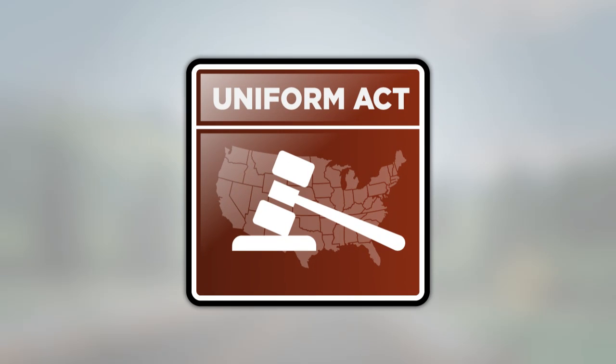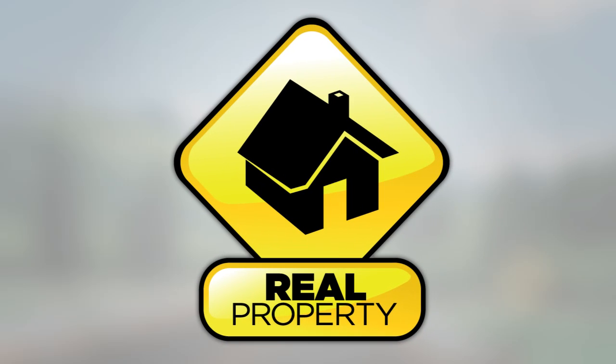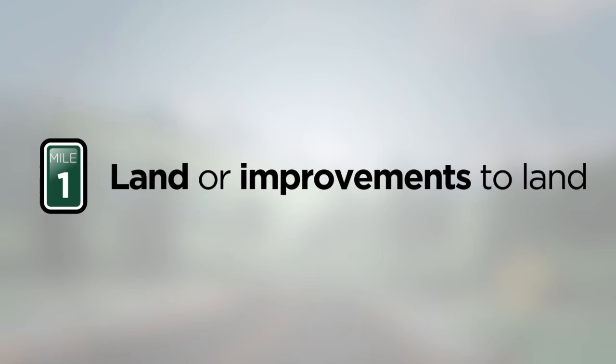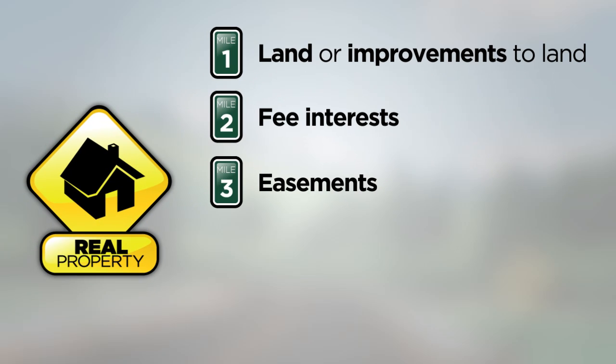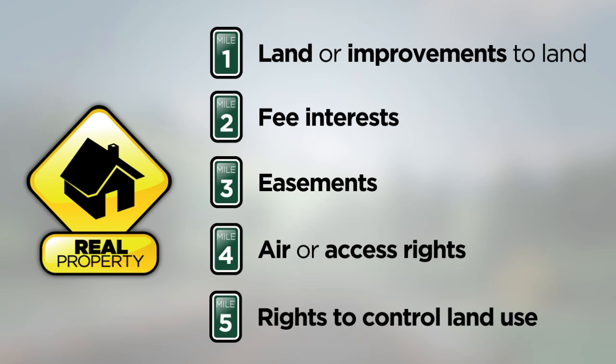The Uniform Act and right-of-way requirements apply any time an agency seeks to acquire real property to make way for the construction of a federal aid project. Real property is a term that is used to describe land or improvements to land, fee interests, easements, air or access rights, or the rights to control the use of land, such as leases.